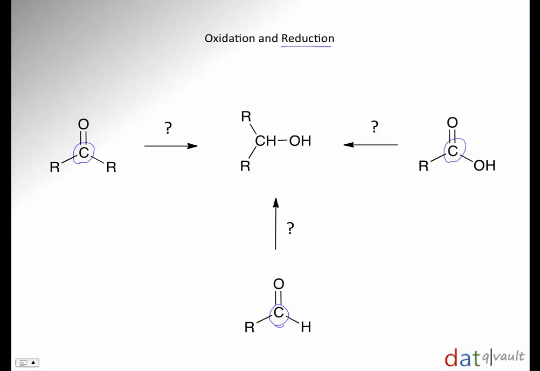It's pretty much the opposite of oxidation in the fact that we are changing the formal charge on the central carbon to have fewer bonds to oxygen. So we're reducing a carbon-oxygen double bond to a carbon-oxygen single bond, or in the case of carbonyls, completely removing an oxygen atom from that central carbon.